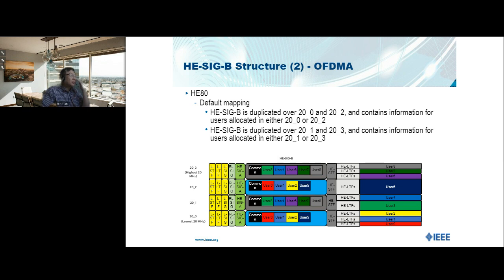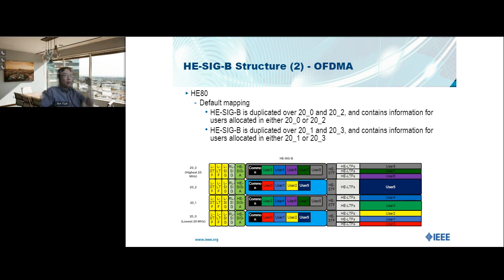The third 20 MHz, which is 20-2: each assignment, remember, we only have two content channels, so the assignment has to be sent in the first content channel, which is 20-0. Similarly, the fourth 20 MHz, its assignment has to be sent in the second content channel, 20-1.